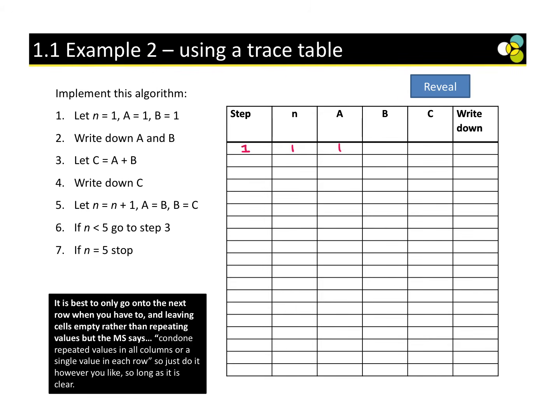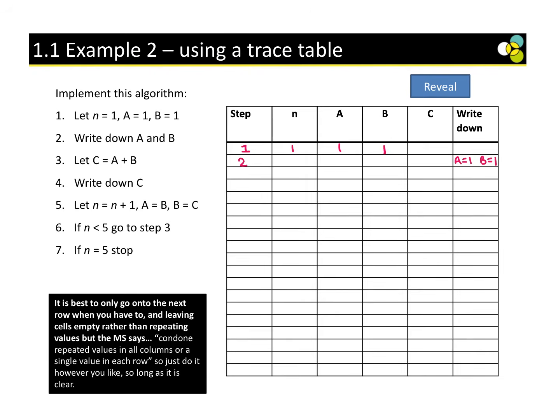Step 2, write down a and b. So this is our write down column. So a equals 1, b equals 1.